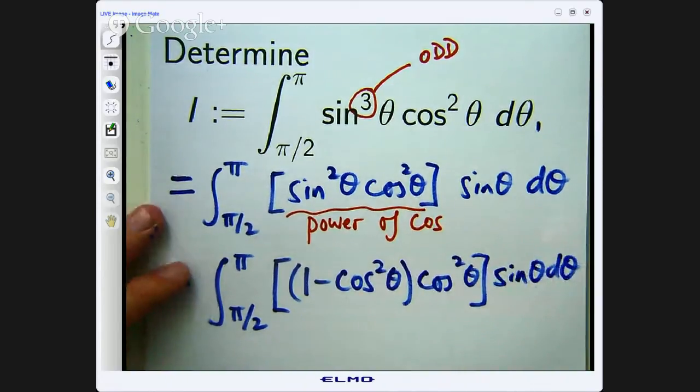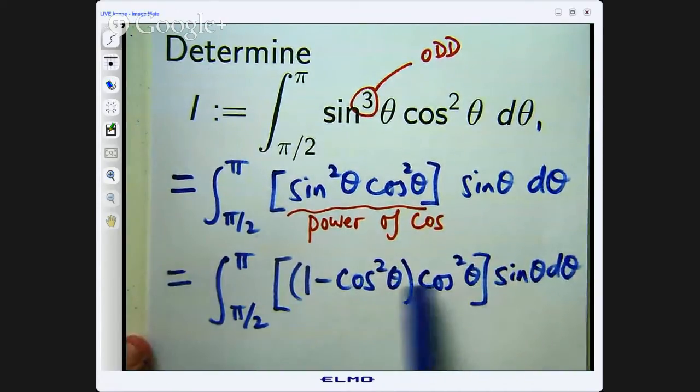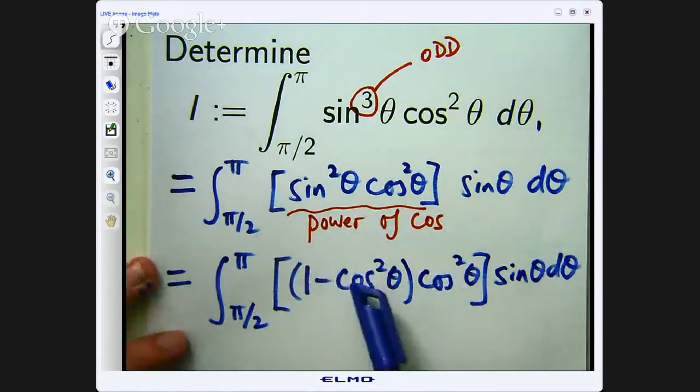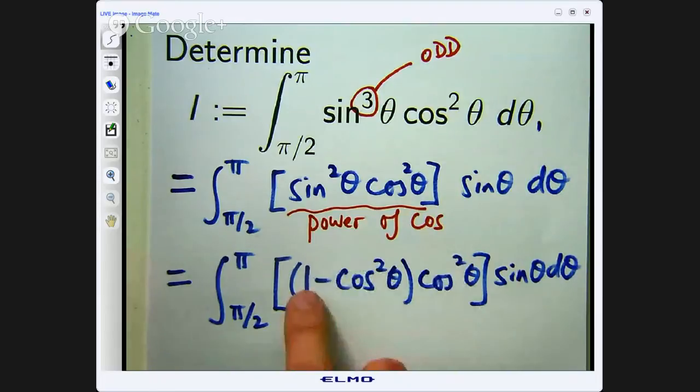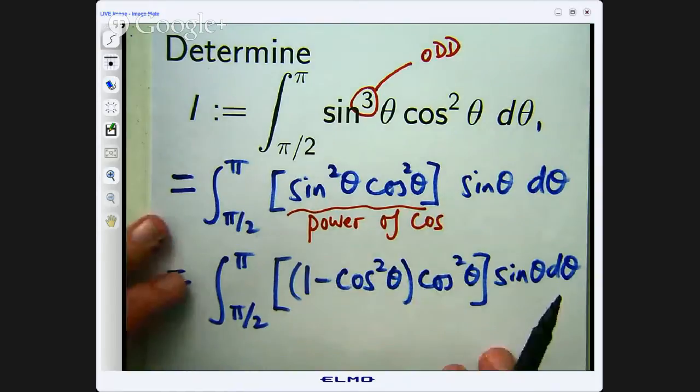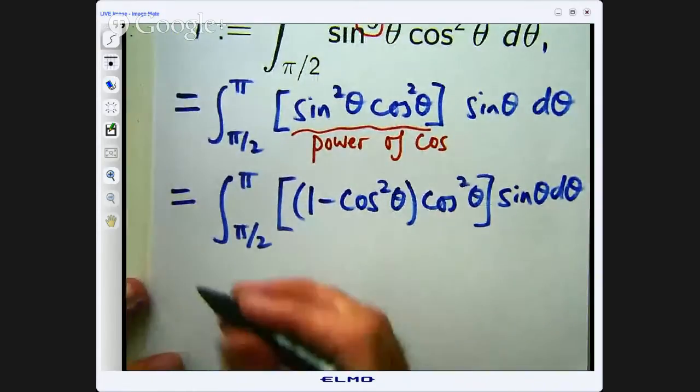Okay, so now it looks like it's getting more complicated, but actually it's getting a little easier. If I expand this out, I'm going to get 1 cos squared there and then negative cos to the power 4. Okay, so let me just continue.